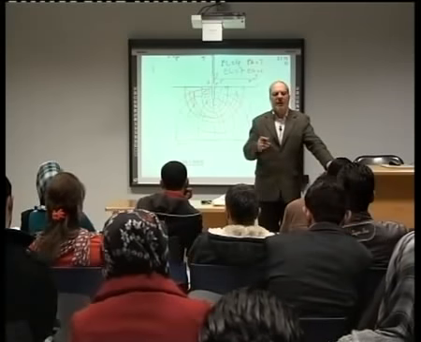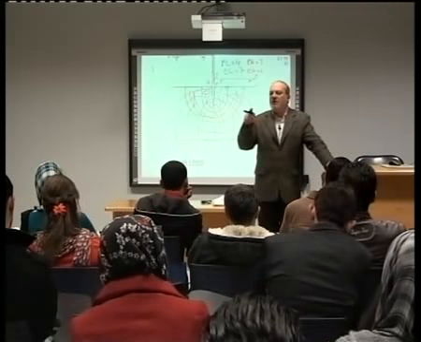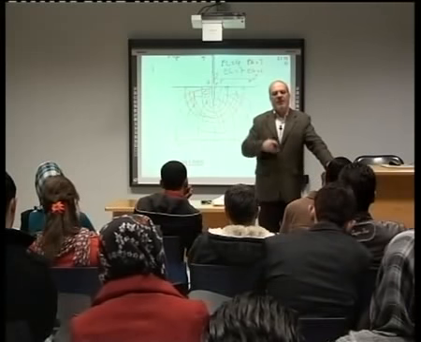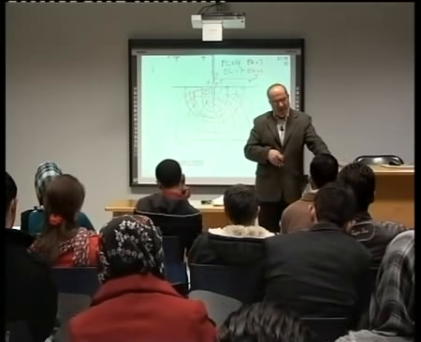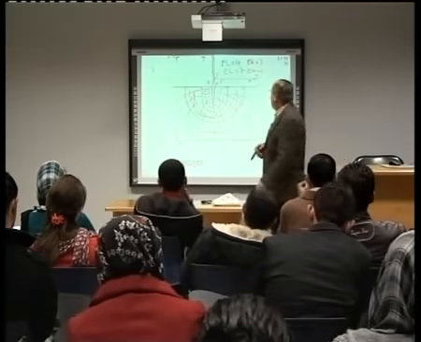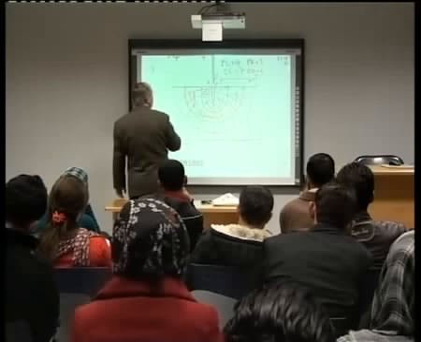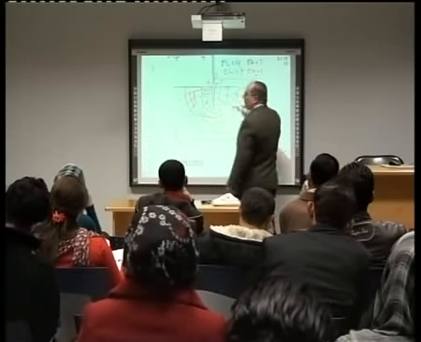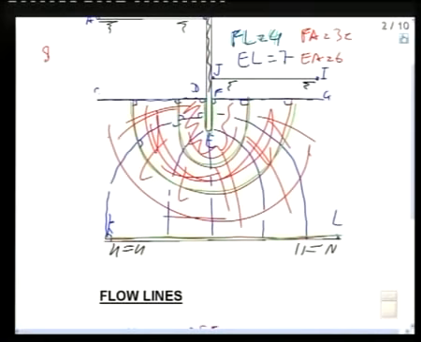Now I have to count the number of flow lines, the number of equipotential lines, and find the number of flow areas and the number of equipotential areas. Okay? By the way, the number of flow areas, I call it NF.